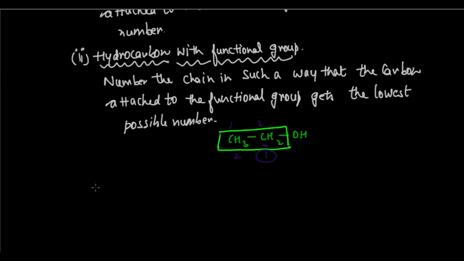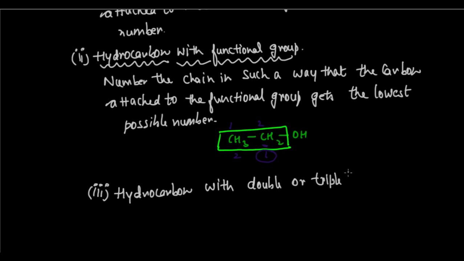Other than this, we have the third kind of hydrocarbon, that is hydrocarbon with double or triple bond. So if a hydrocarbon has a double or triple bond, then we give the lowest possible preference to the carbon atoms which are linked in that double or triple bond.